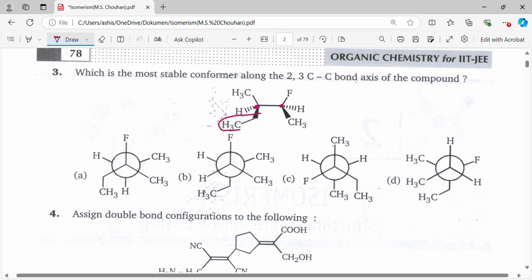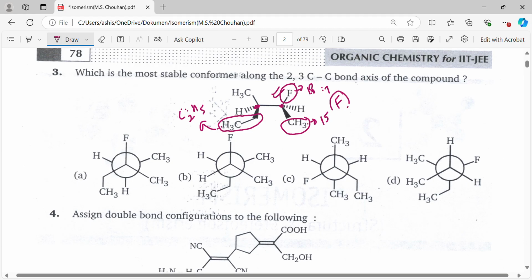Here the largest group is C2H5. The atomic weight of methyl is 15 and the atomic weight of fluorine is 18 or 19. So we can say fluorine is the largest group present on the second carbon.